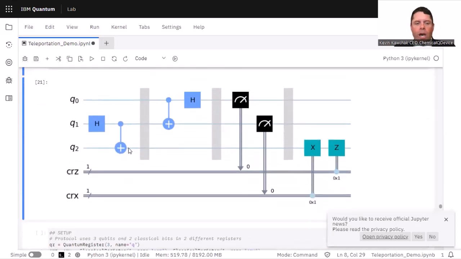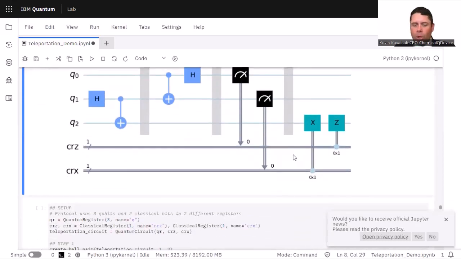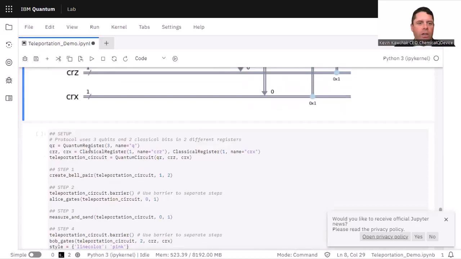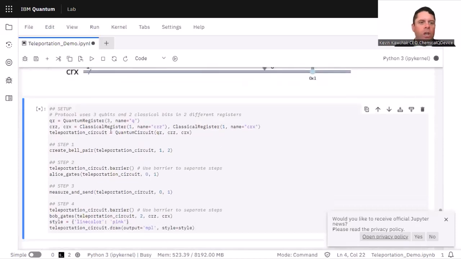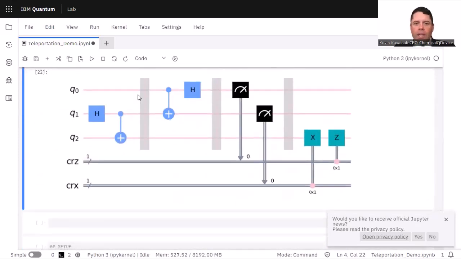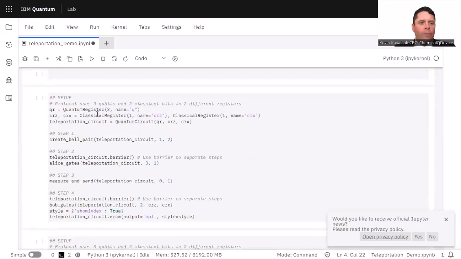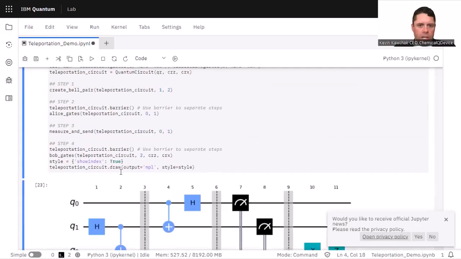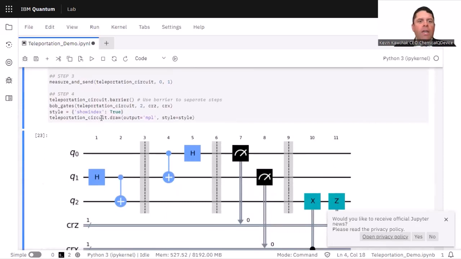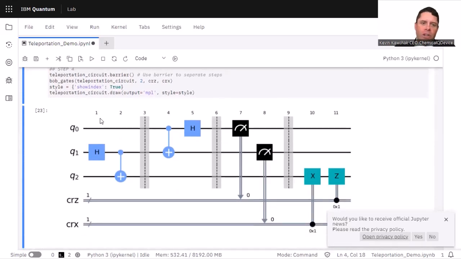So light blue qubit lines, and then light blue dots on the classical registers. And then here's pink. So you'll see the pink lines, and that pink dots kind of shows up pretty well. And then you'll see this specific one, show index true. So this is Boolean, and this is the index.